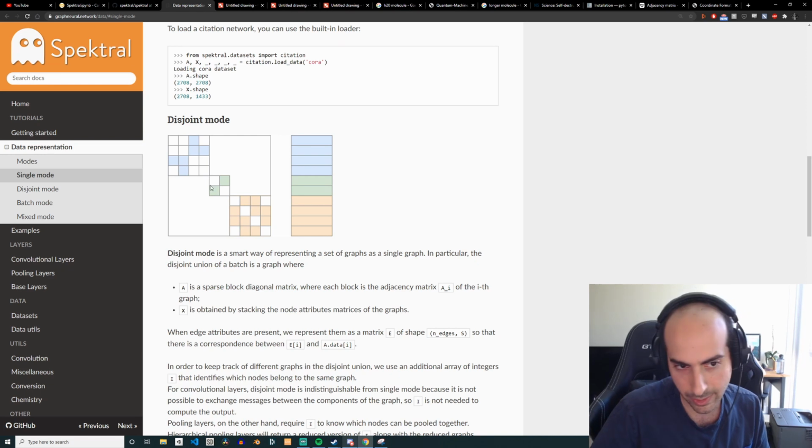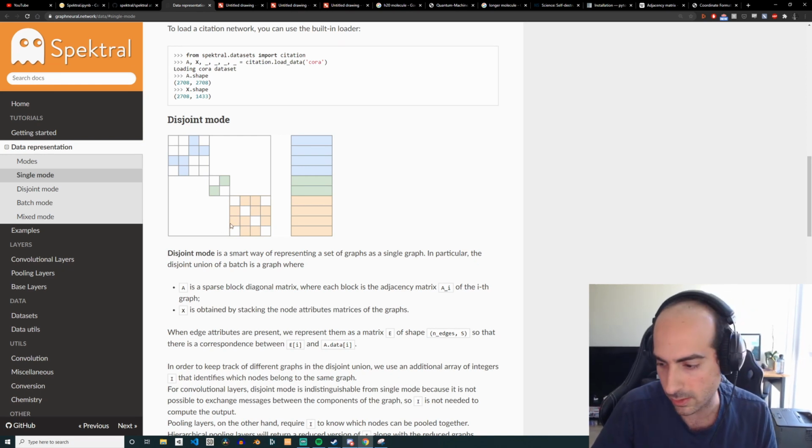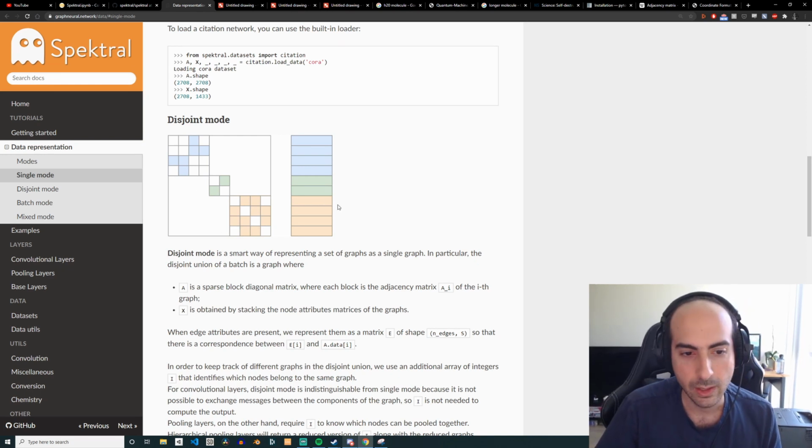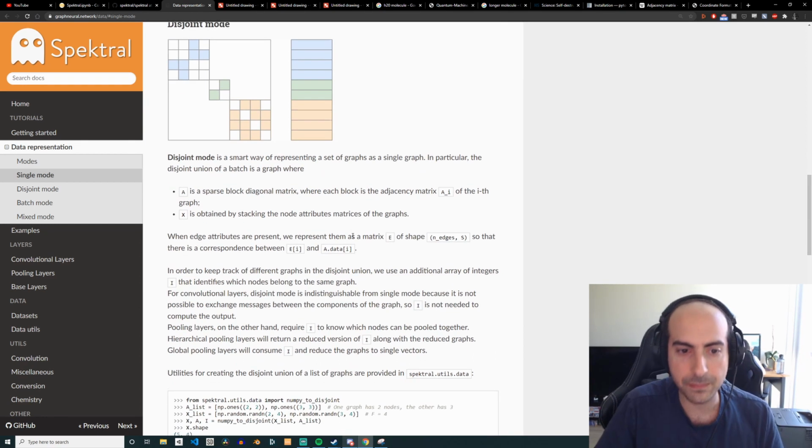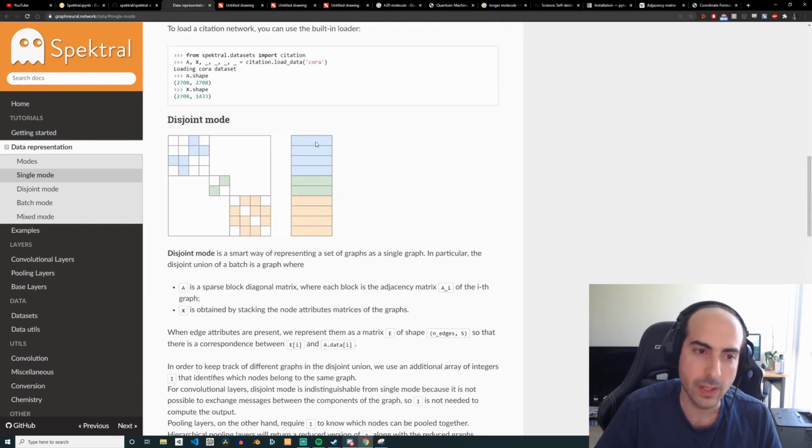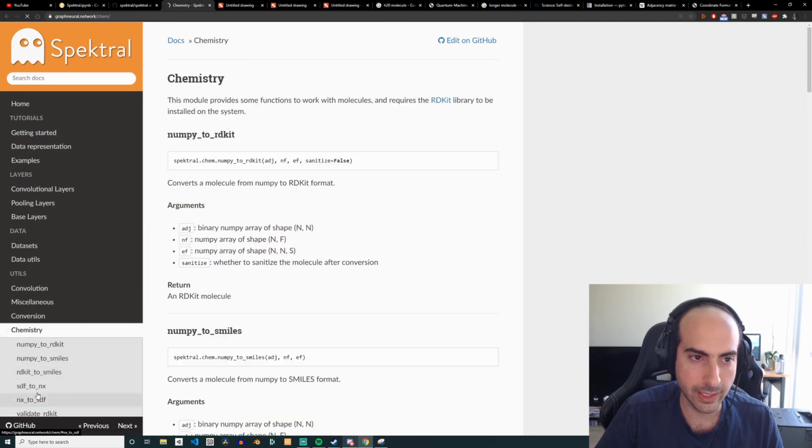Let's say one's cyanide, one's water, and one's, I don't know, sulfuric acid, for example. This also helps because you may have some node level features here. You could also have a separate matrix like this for your edge level features. That way you have a dictionary where you can quickly get these results.